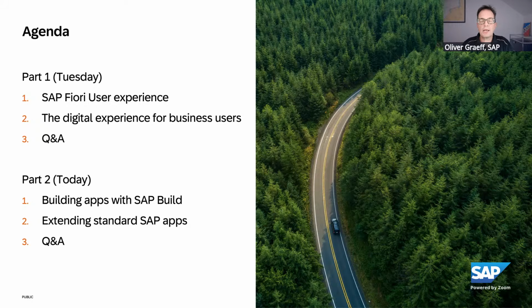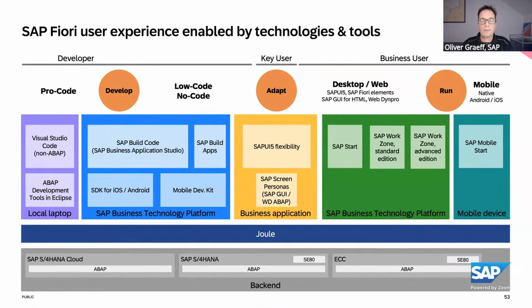So first, I would like to check with you whether you remember this slide from Tuesday. This is an overview of the topics in those two sessions here in the Hitchhiker's Guide. As you can see at the top, there are the different user roles. We were looking at the business user, mainly on Tuesday.